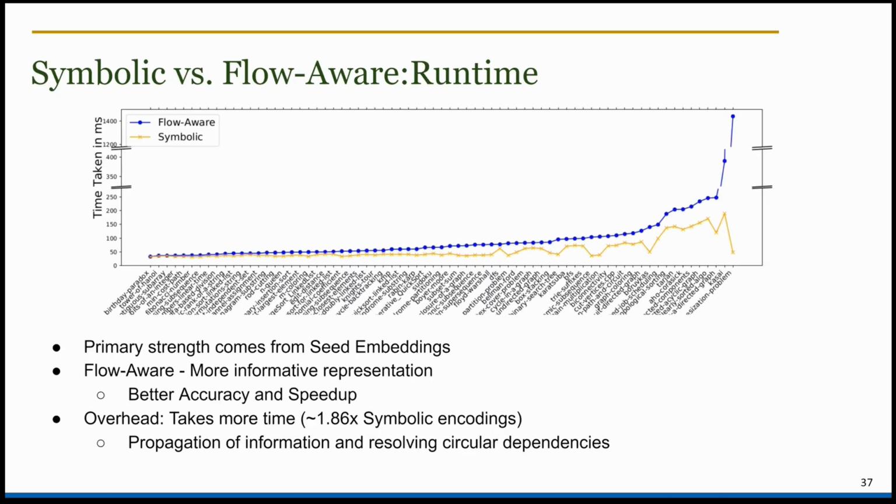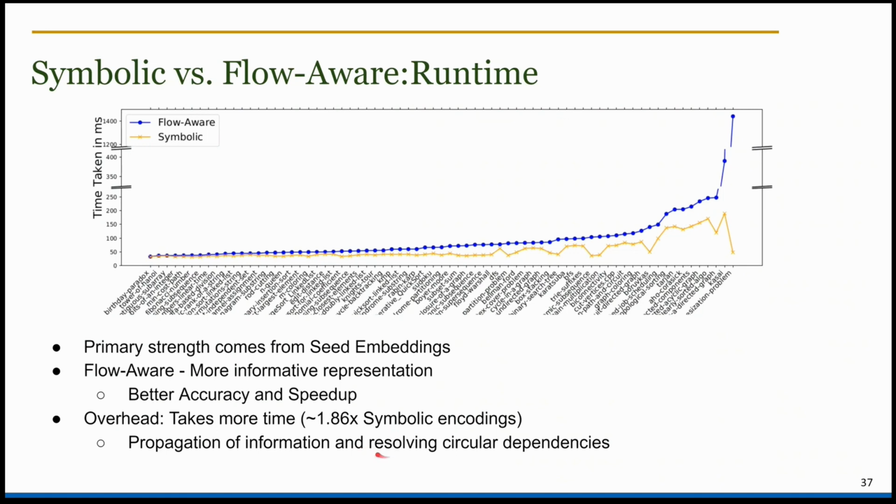To compare flow-aware with symbolic representations, generating flow-aware representations would obviously take a bit more time because of the analysis that we do. The graph shown here corresponds to the state when the paper was written.